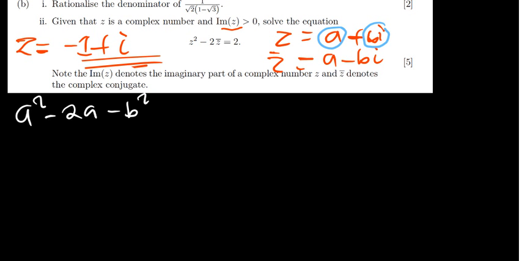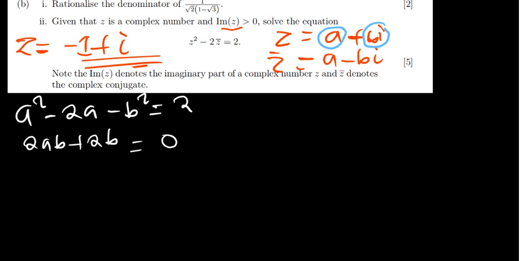Another one was 2ab plus 2b. This was equal to 2. This was equal to 0. Are you guys okay with how to come up with these equations before I start finding the values of a and b?